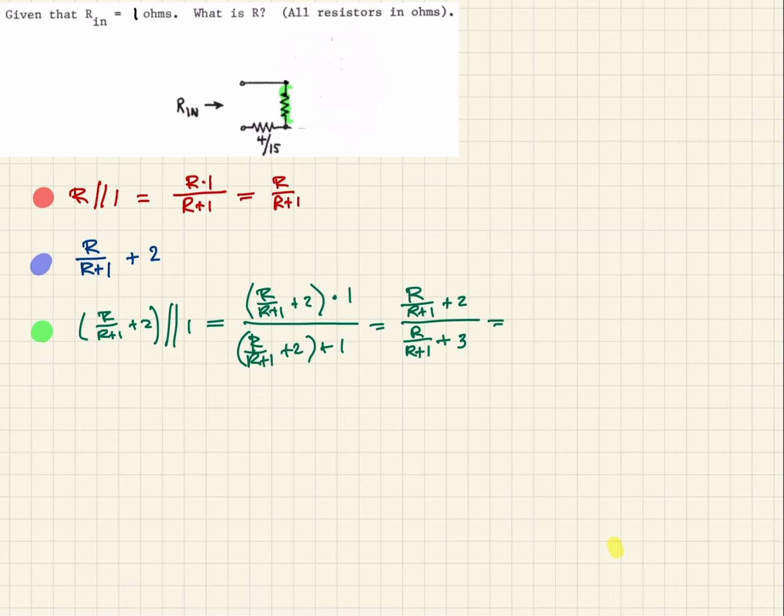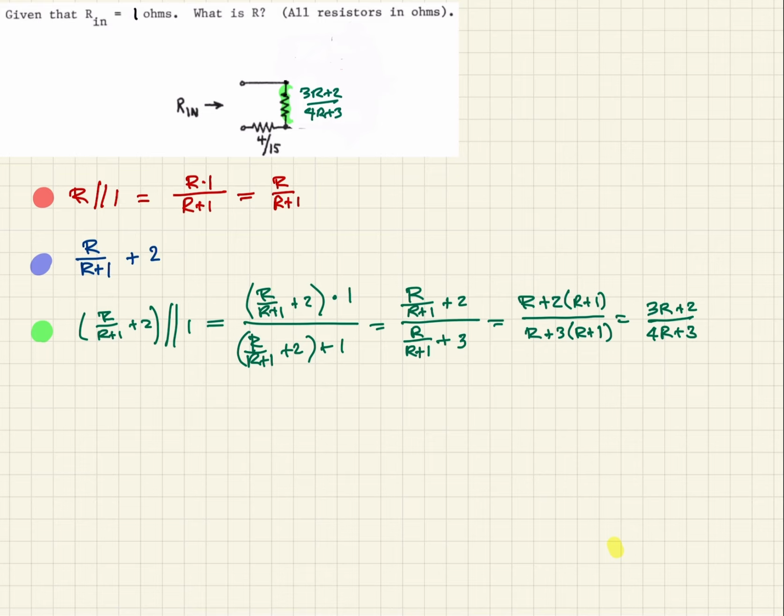So when we do that, we will get R plus 2 times R plus 1, over R plus 3 times R plus 1. And when we multiply that out, we'll have 2R plus another R, which is 3R plus 2. And then we'll have 3R plus another R, which is 4R plus 3. So this resistor up here is going to then be 3R plus 2 over 4R plus 3.